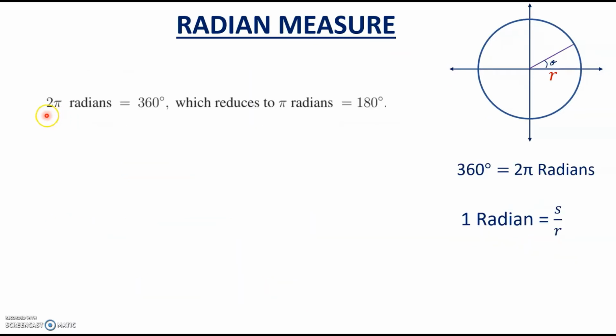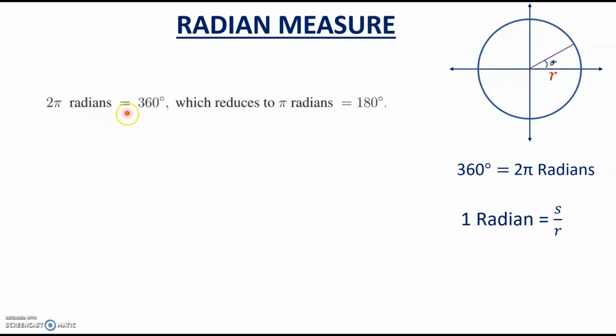Further, we know that 2 pi radians is equal to 360 degrees, which is one full circle. So, the angle 360 degrees is equal to the length here, which is 2 pi radians. Therefore, we can further reduce it by dividing both sides by 2.